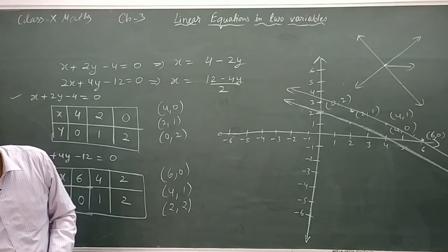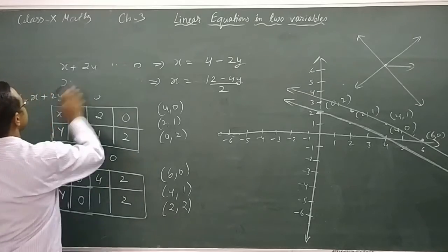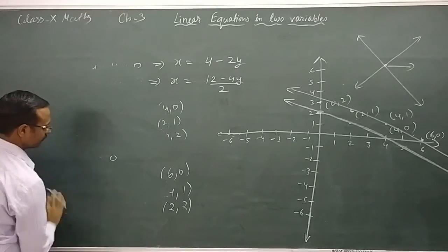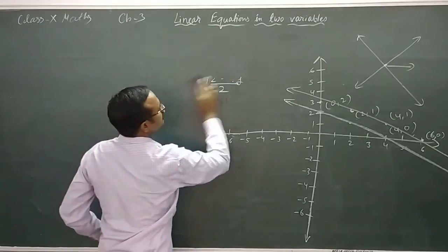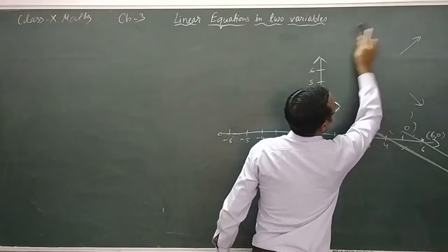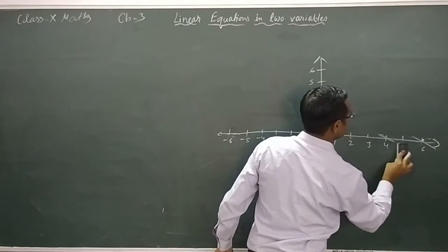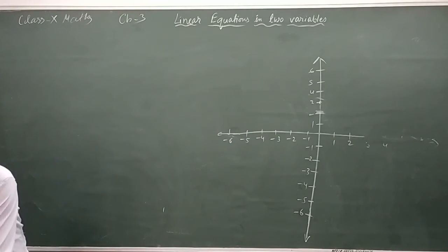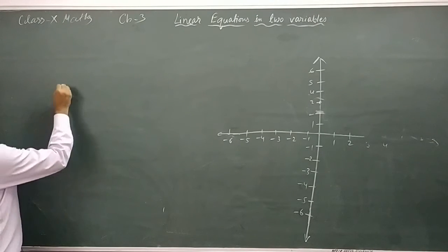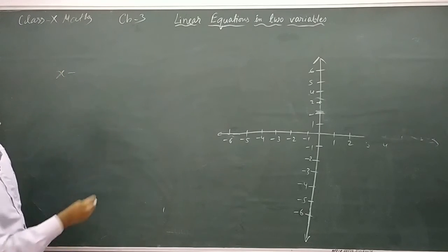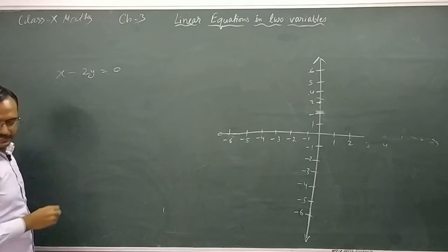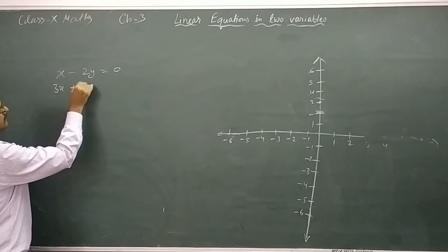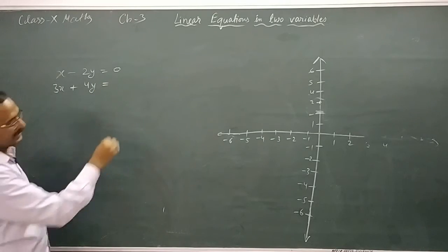Now coming to the next example. Let us take these two equations, x minus 2y equal to 0 and another equation 3x plus 4y equal to 20.